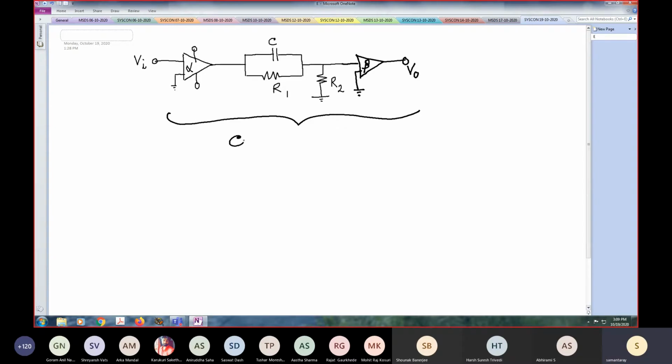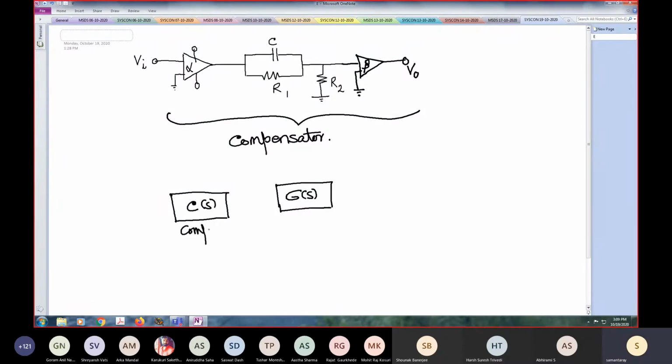So this circuit is called a compensator. This compensator will come just before the system. Let's say you have a system G(s). Here is your compensator C(s).